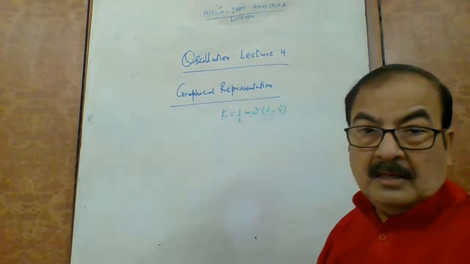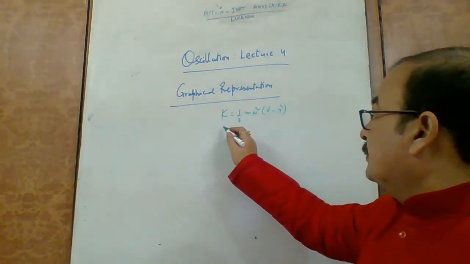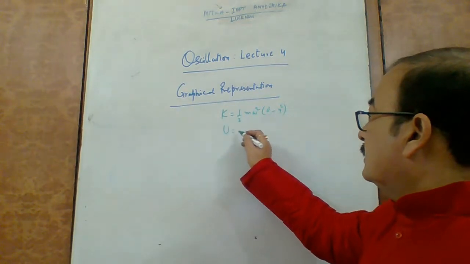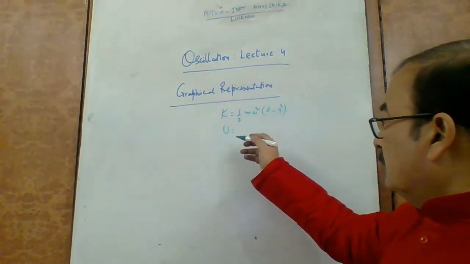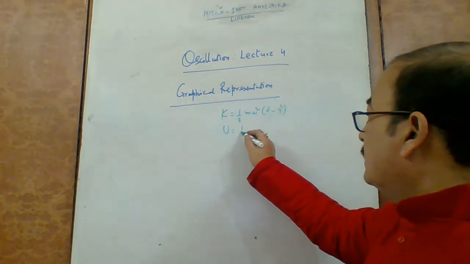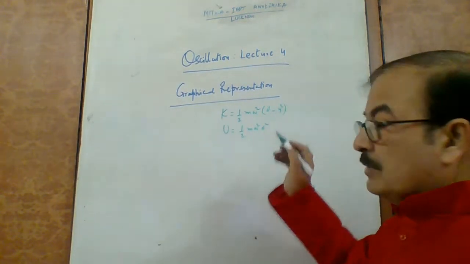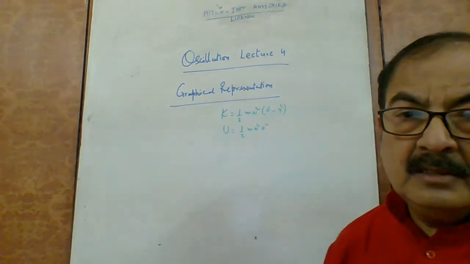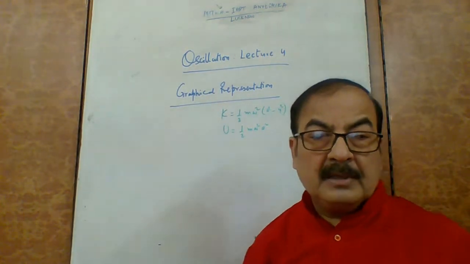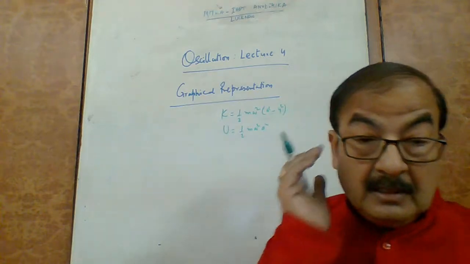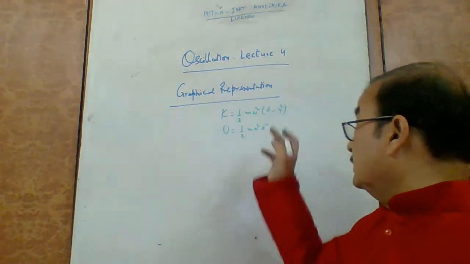Okay, and similarly the potential energy is given by half m omega square y square. ठीक है, तो ये तो a स्क्वायर पर डिपेंड करता है, मतलब कि एम्प्लीट्यूड पर डिपेंड करता है, और ये डिपेंड करता है डिस्प्लेसमेंट पे.